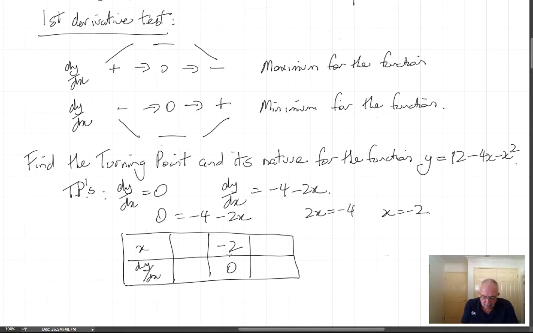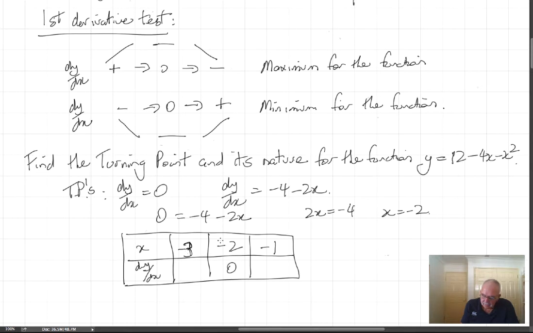You choose a value of x just a little bit less than negative 2, so let's go negative 3, and then you choose one on the other side of negative 2, negative 1. Okay, so negative 3 is just less than negative 2.